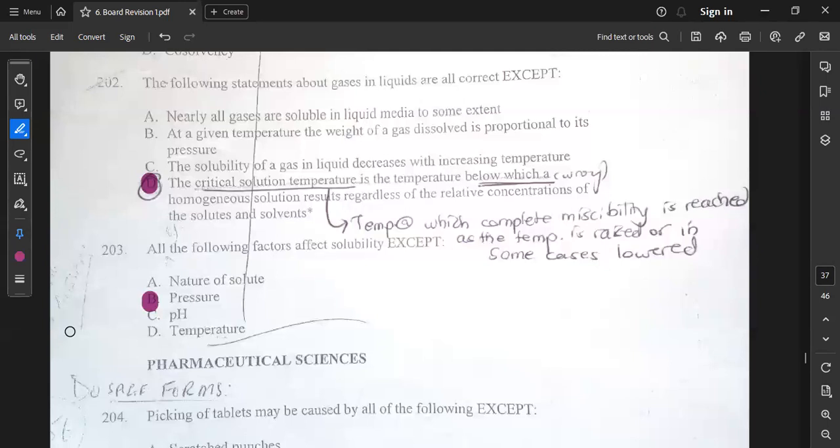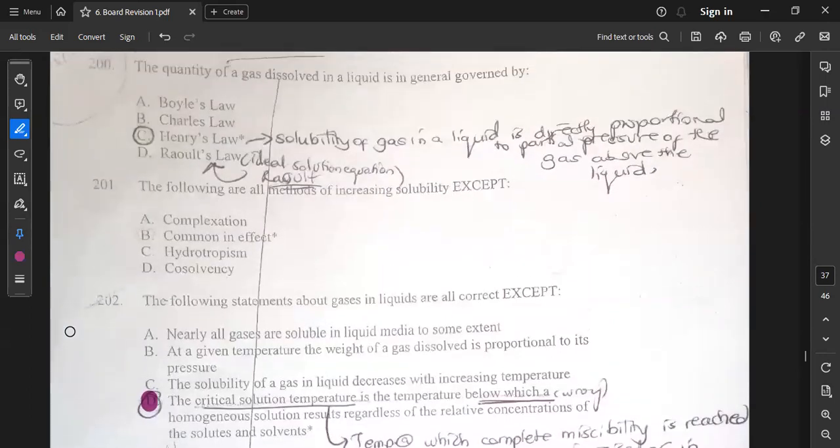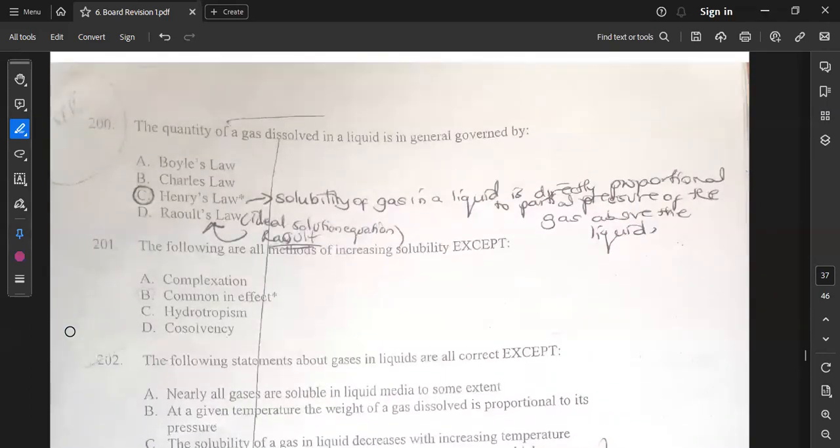Okay, it would still be correct. Okay, we can just go on to that other question, Shina. Ways of increasing solubility except, I think we even saw this.